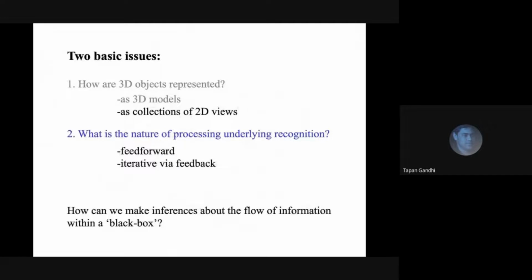So here I'll talk about what is the nature of processing underlying recognition, whether it's feed forward or iterative via feedback. Because this kind of information is not well understood. It's very, very essential, because it will help us make inferences about the flow of information within a black box.